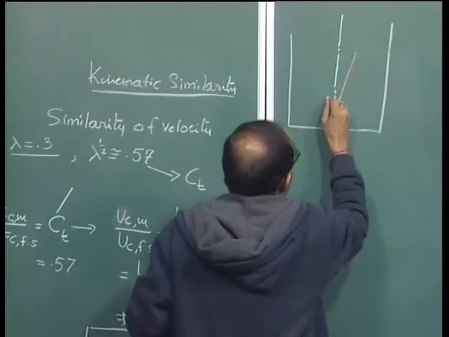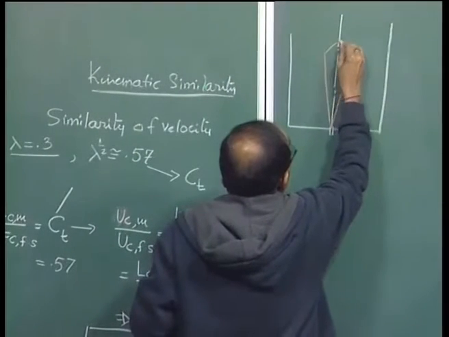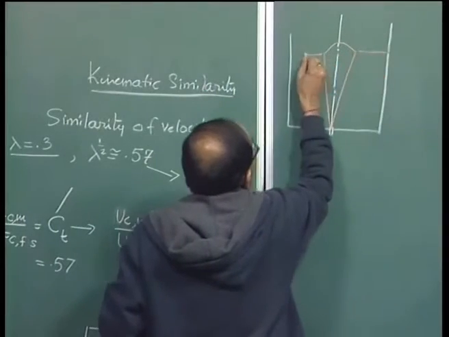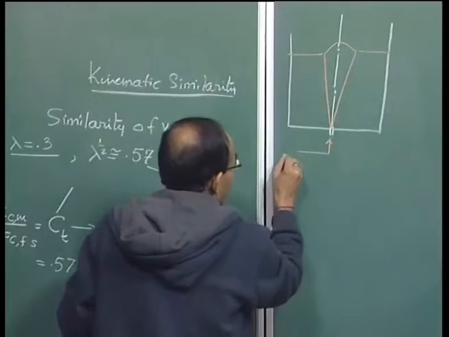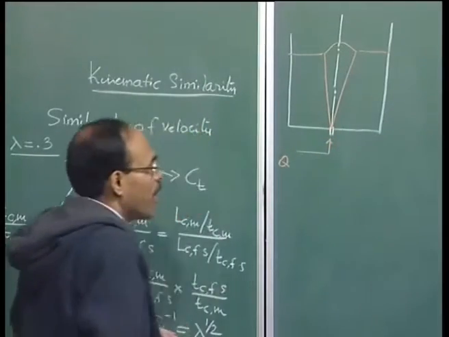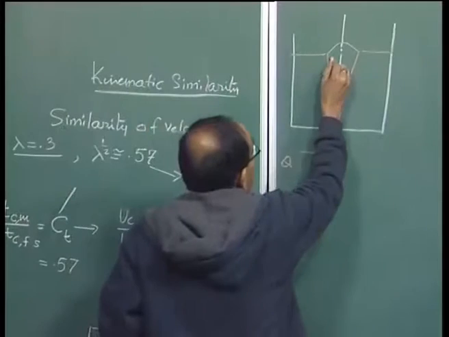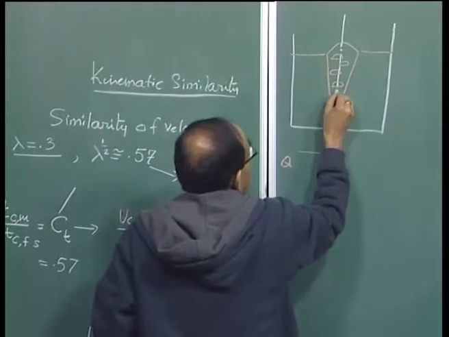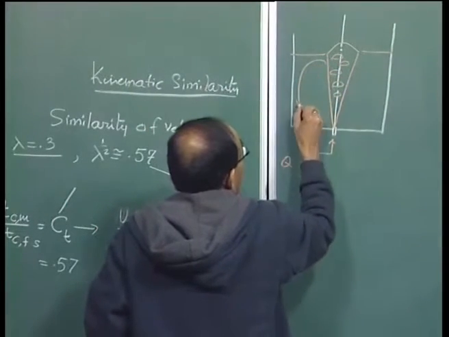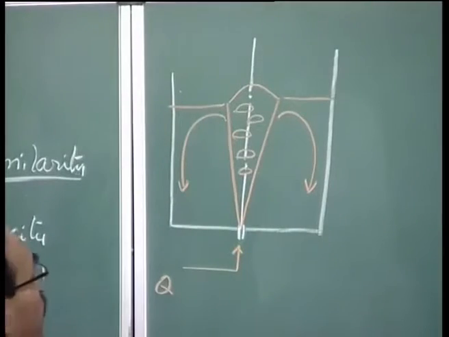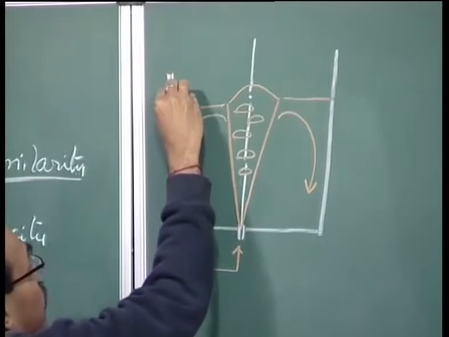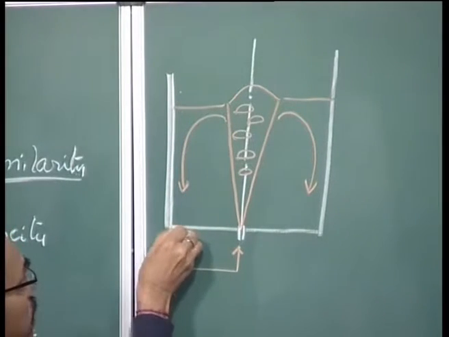I am drawing an idealized plume boundary. The gas is injected from the bottom, and once gas is injected, it creates bubbles, the bubbles rise, and as a result the fluid moves in this particular fashion. So, this represents my vessel.